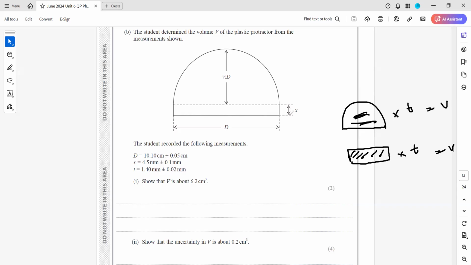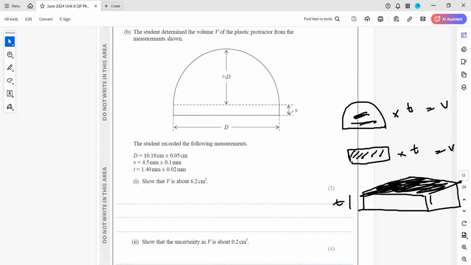If I draw a 3D image of this, there will be a rectangle, and it has a thickness T. So if I work out the area of the surface and multiply by thickness, I will get the volume of this.